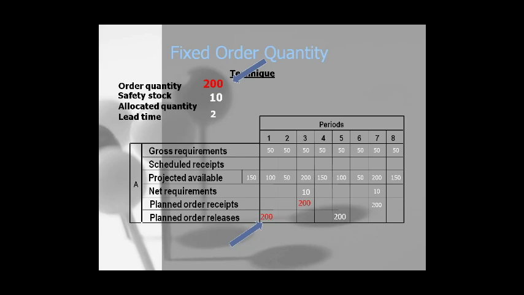We can minimize the number of receipts we have to execute. And if we balance it correctly, we can keep our inventory investment reasonable. So we're balancing the cost of ordering and the cost of carrying inventory to where the combined total is as low as possible.